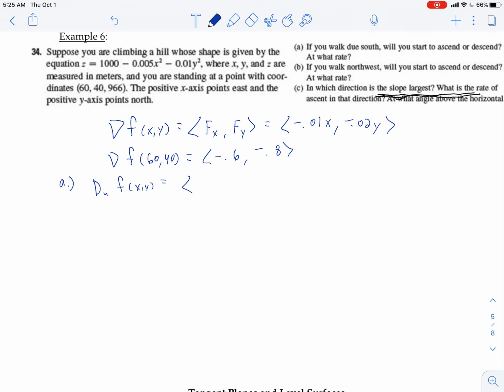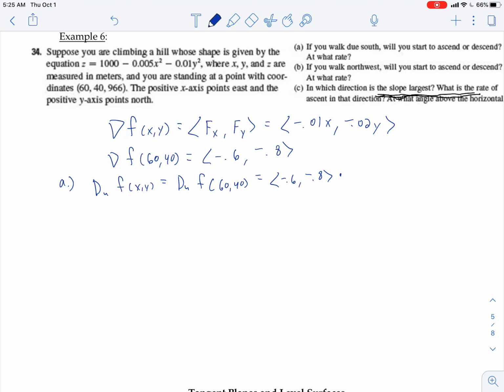Let me just go ahead and rewrite this. The directional derivative of f at 60/40 is going to give me the gradient times the unit vector of the direction I'm going in.